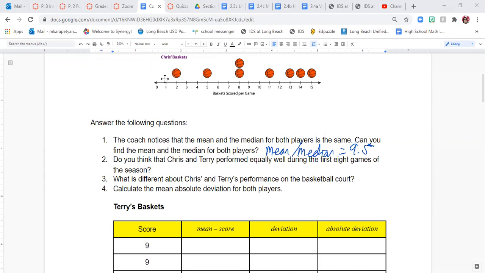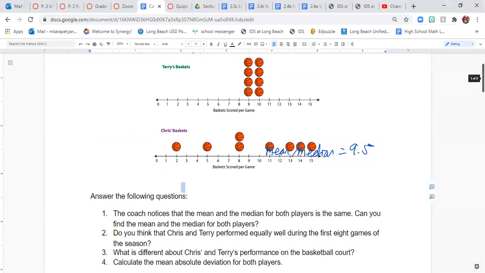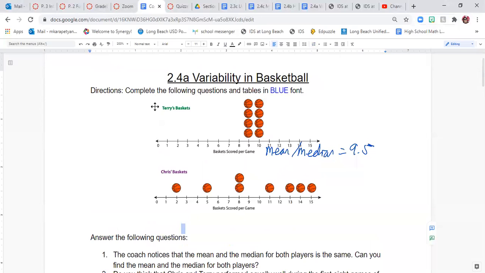Before I move on, I actually want to do a quick review on how we find our mean and our median, for those of us that might have been stuck with that. So quickly, to find our mean, we add all our numbers together and then we divide by the number of data points that we have. So we're going to be dividing by 8 here.